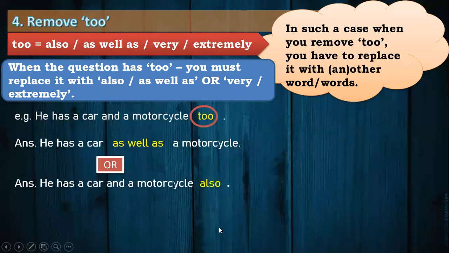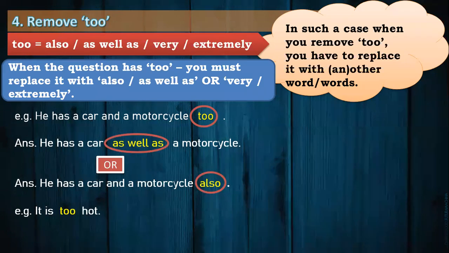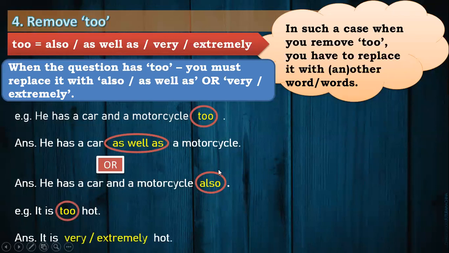Right? But what if we have a sentence like, it is too hot? Now in this case, how are we supposed to deal with this? Exactly, we are supposed to change the word to into extremely or very. So we can say it is very or extremely hot.